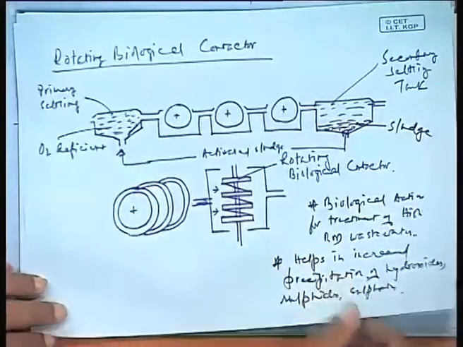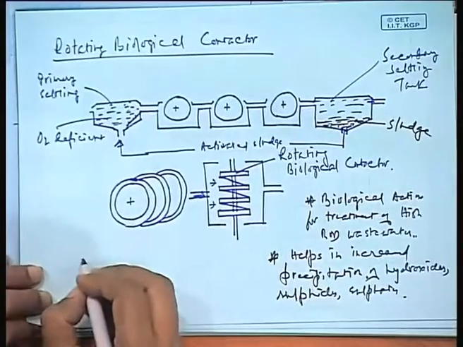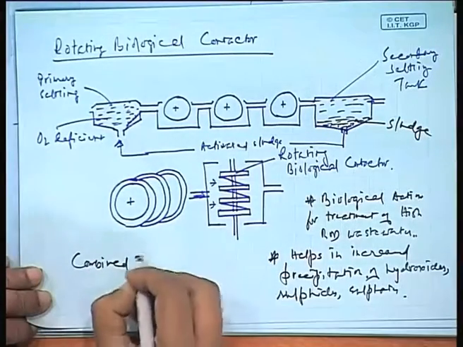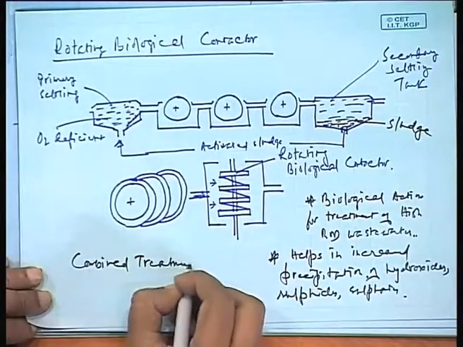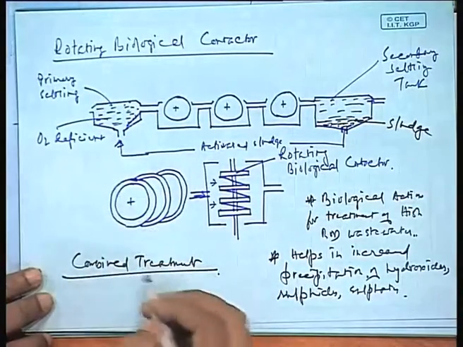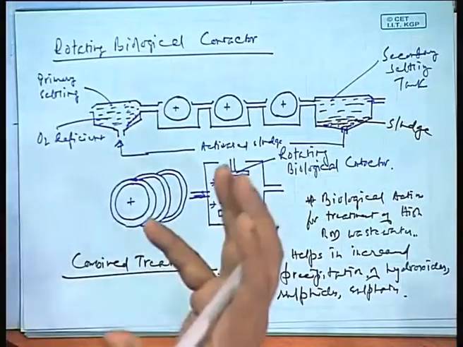Particularly, another important part is combined treatment. In some cases this rotating biological contactor or trickling filter may be combined with a principal treatment technique, so as to augment the process and speed it up.